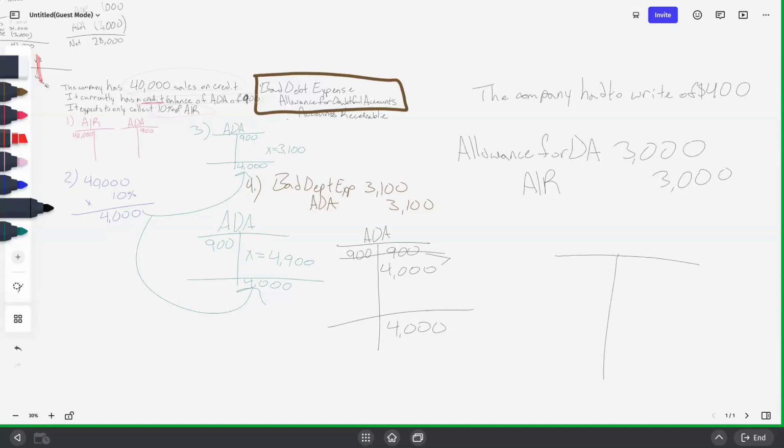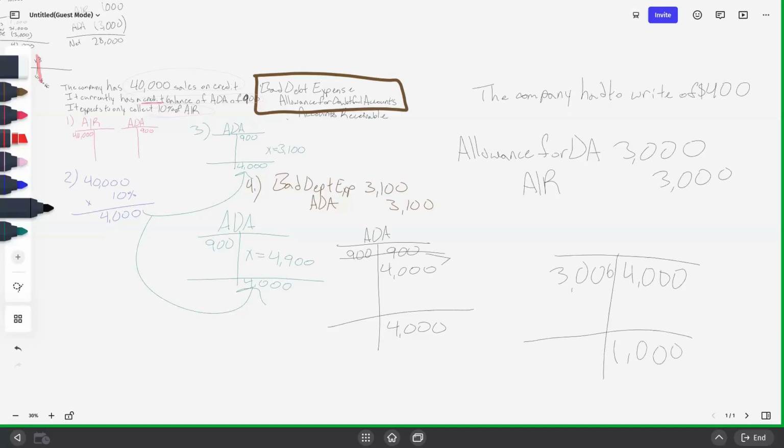We'll say, all right, we had at the beginning. So real quick, if you notice here, this is where we write off. This is where you say, all right, we're taking out 3,000, because that accounts receivable is gone. So we lowered our accounts receivable and we lowered our allowance for doubtful accounts. At the end, we only have 1,000 left.